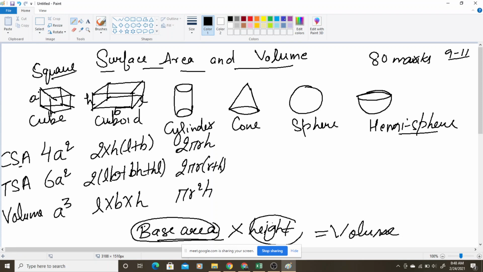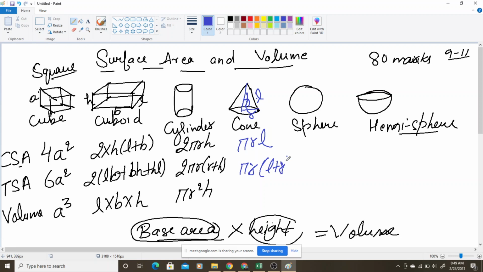Then if you are writing for a cone, a cone is having two kinds of height. You know about two kinds of height a cone has. One is what? Slant height, and the other one is the regular height, that is the perpendicular to radius. Okay, so if you are finding the CSA, you need pi r L, and if you are finding the TSA, pi r L plus r.